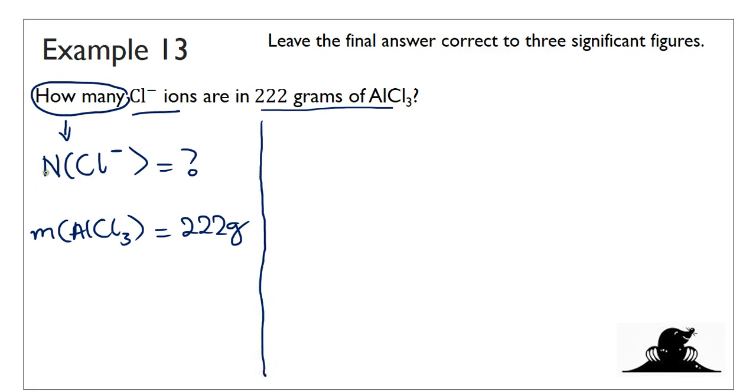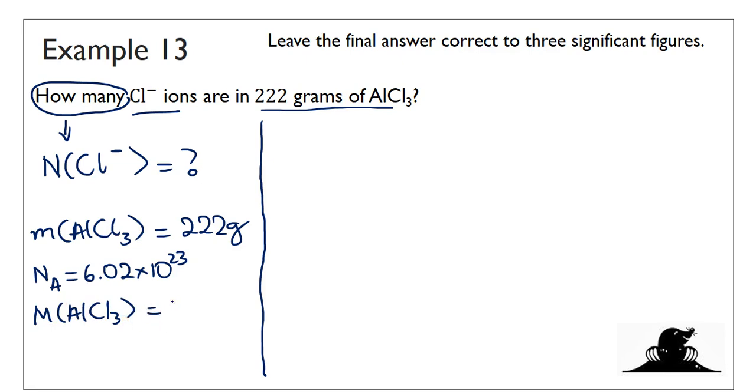Because I need to find the number of chloride ions, there is a high chance that I'm going to need to use Avogadro's constant, which is 6.02 times 10 to the 23. Also, in order to go from mass to number of particles, I probably need to find the molar mass. So I'm going to need the molar mass of aluminium chloride, which I'm going to calculate here.